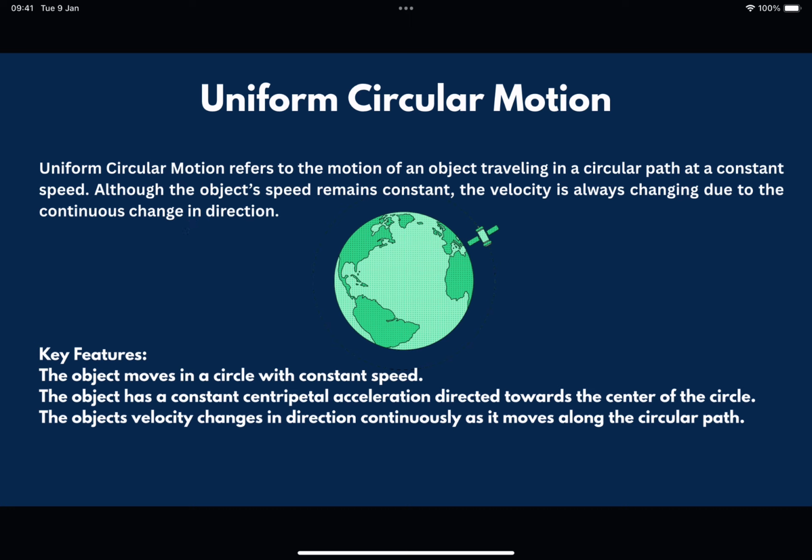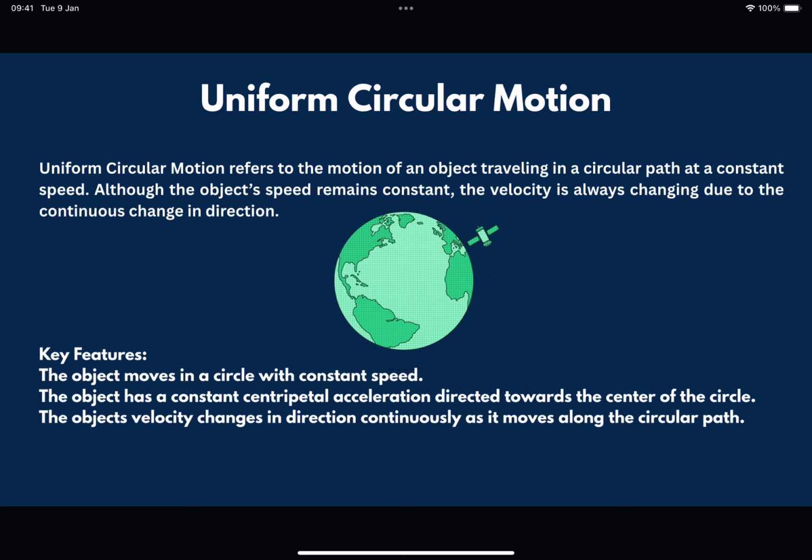Anyways, the key features which are important: the object moves in a circle with constant speed. The very first thing is that speed is constant, but the velocity is changing. The second thing is the object has a constant centripetal acceleration towards the center of the circle. We know that the Earth is pulling the satellites towards itself, but the reason the satellite is not coming inside is because it's in orbit.